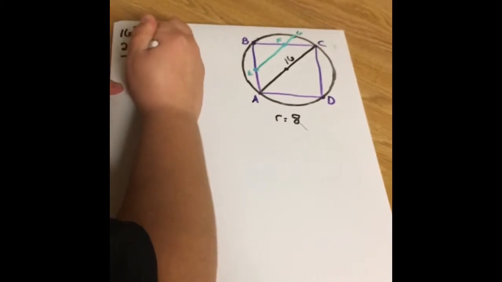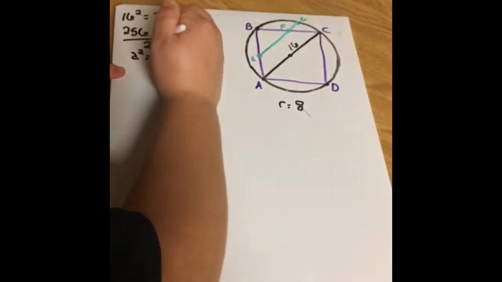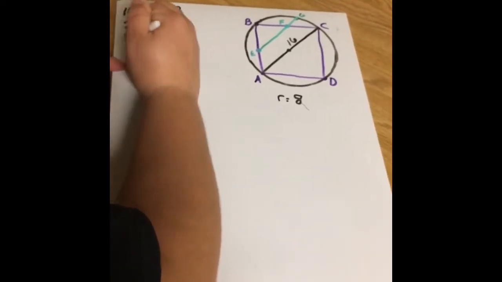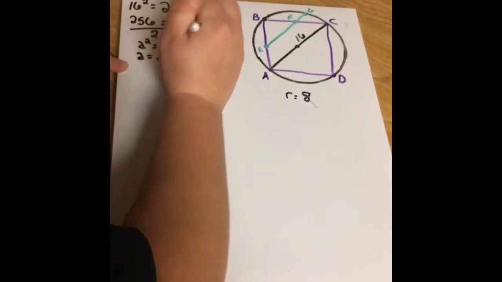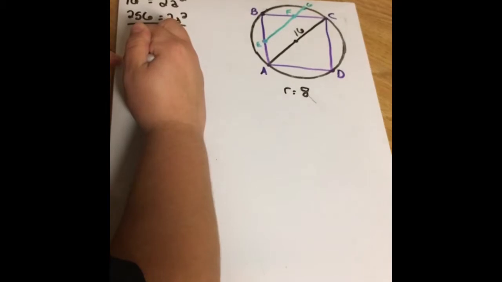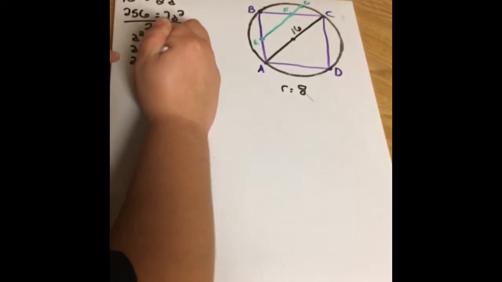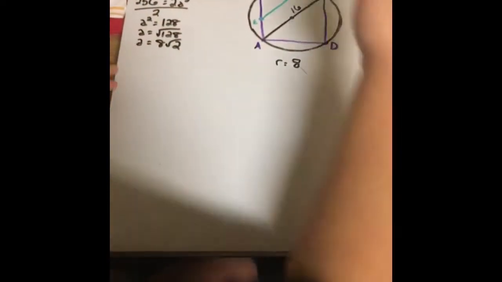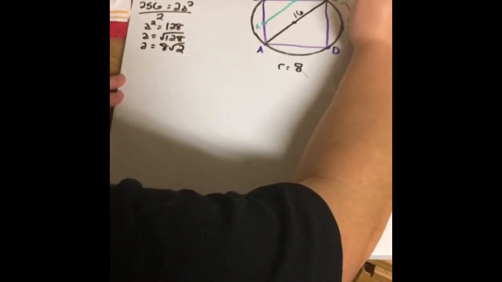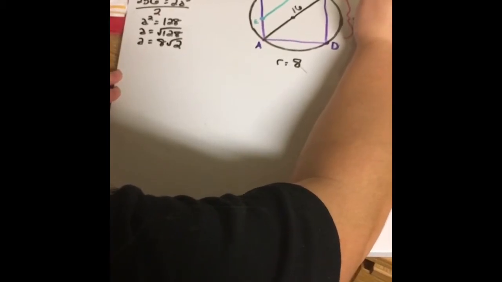You divide by 2, you get a squared equals 128. So you get a equals the square root of 128. However, you can reduce that to get a equals 8 root 2. So we know that each side of this square is 8 root 2.